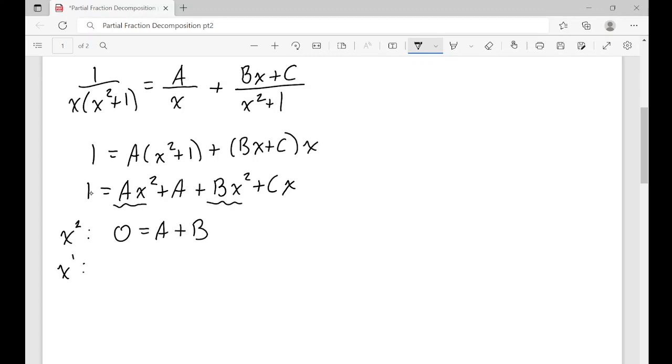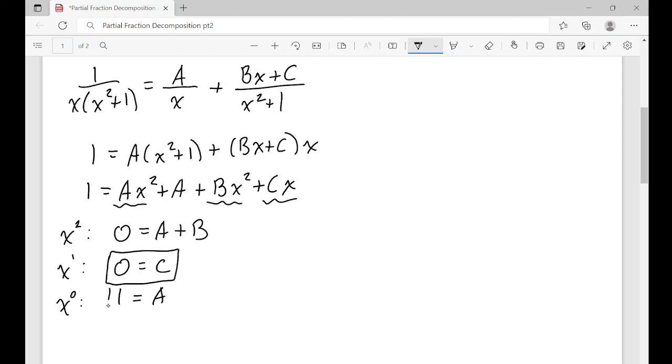So again, there's no x over here, so we say it's 0. And over here on the right side, it's just c. So that one's done as well. And now, just the constant terms, x to the 0. On the left, there's a 1. And on the right, there's just a.